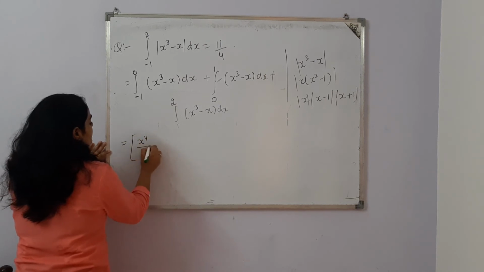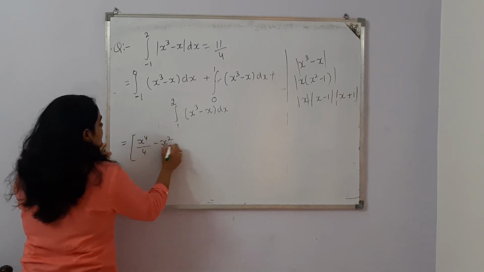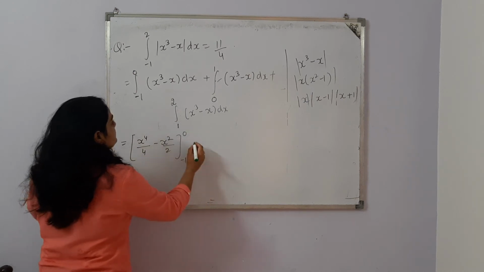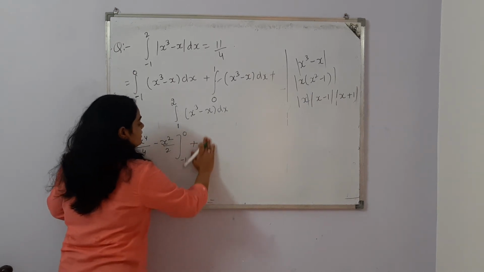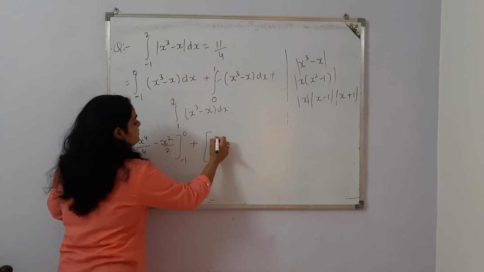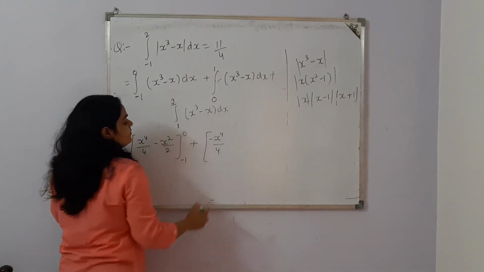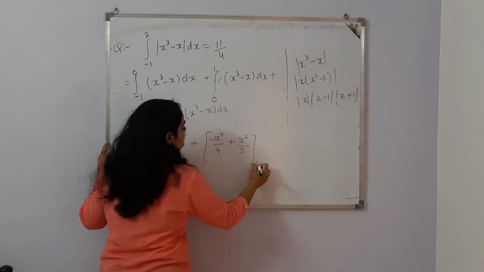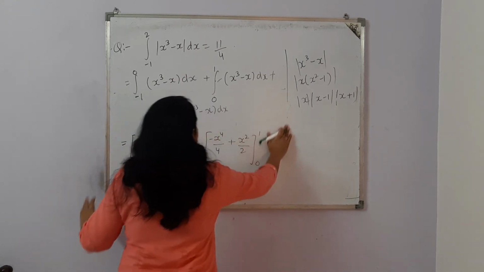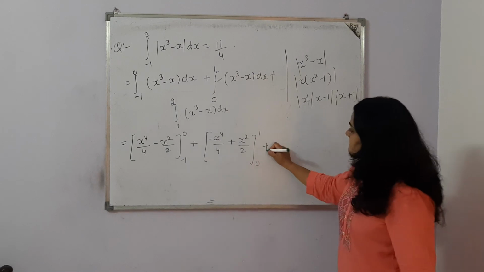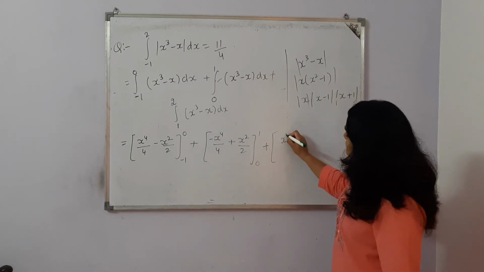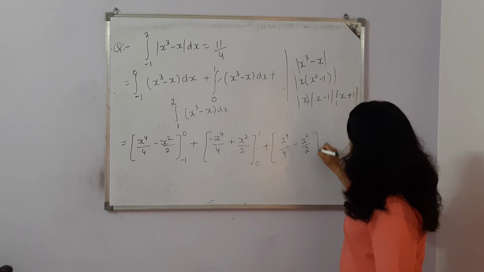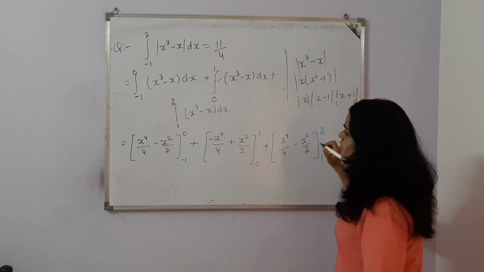X raised to power 4 by 4 minus x square by 2, with limits minus 1 to 0. And here minus x raised to power 4 by 4 plus x square by 2, with limits 0 to 1. Then x raised to power 4 by 4 minus x square by 2, with limits 1 to 2.